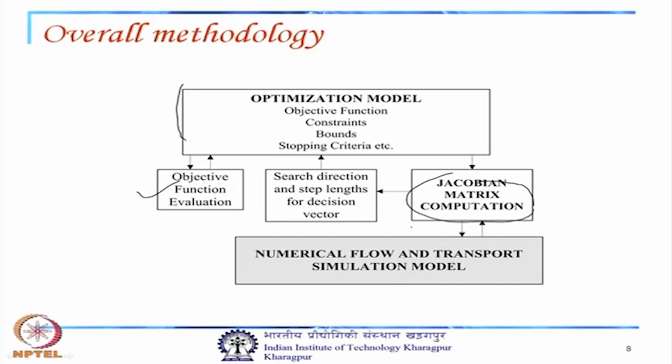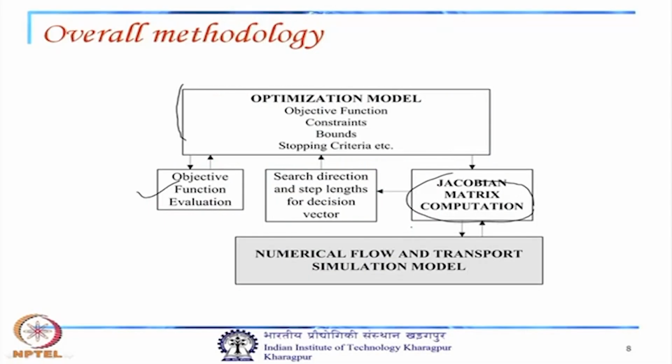So, we can use our flow transport simulation model as linked simulation optimization model as external module, and we can calculate our objective functions, also our search directions.